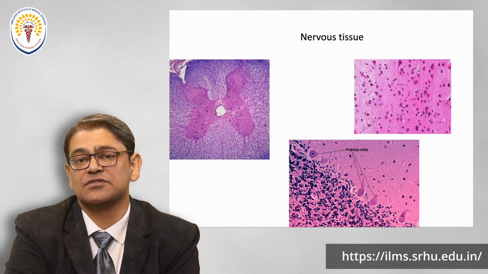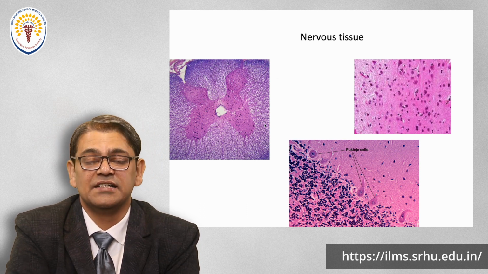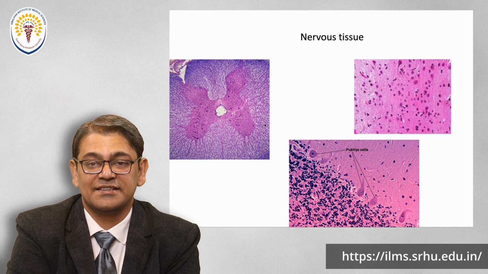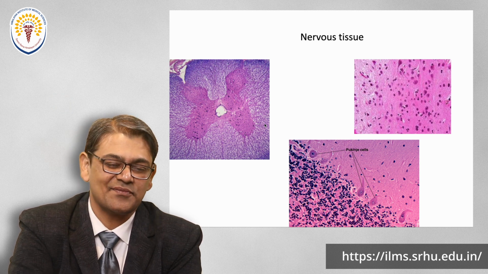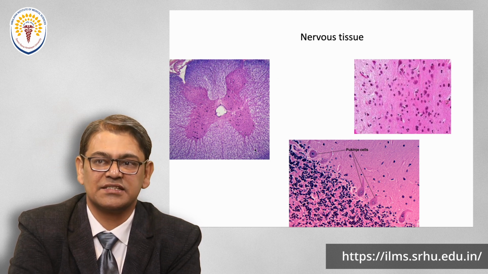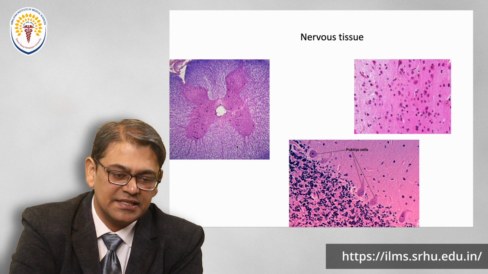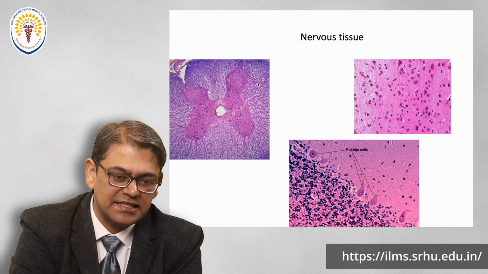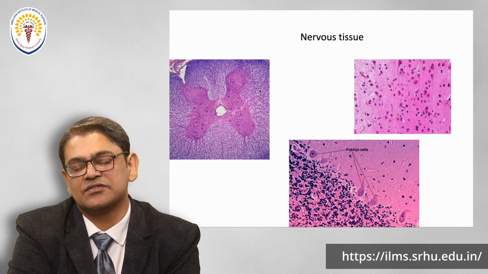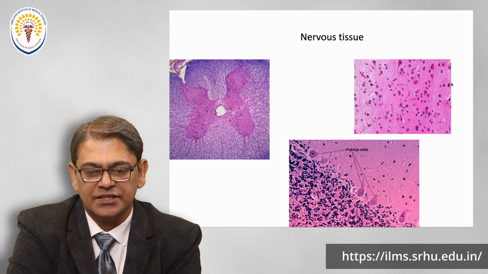We already know these are all covered with a fat layer, and that's why it is white matter. So axons are present over here. Any disease of this area may cause damage to the axons. In the histology, we see areas where white gaps are present, and that gives the axonal structure.